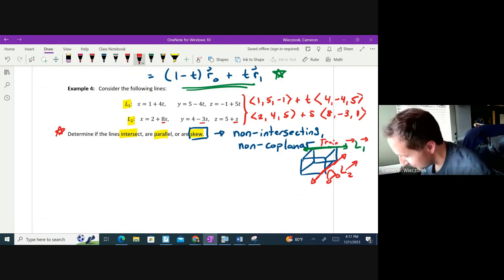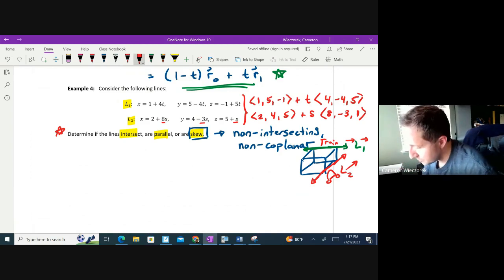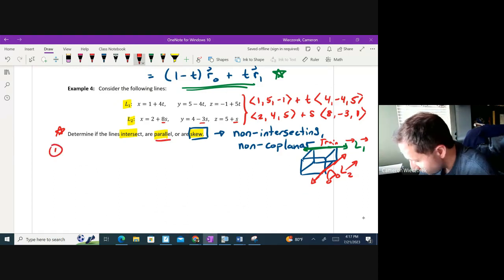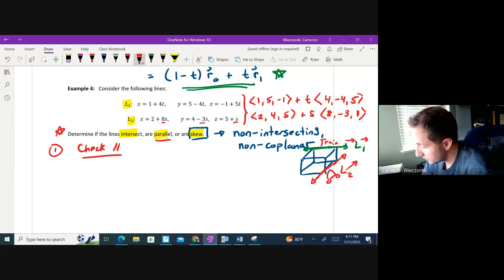Okay, I'm done. All right, so how do we approach this? Well, first thing I'm going to do is check to see if the lines are parallel by looking at their direction vectors.